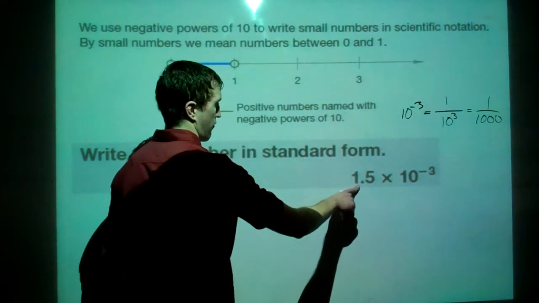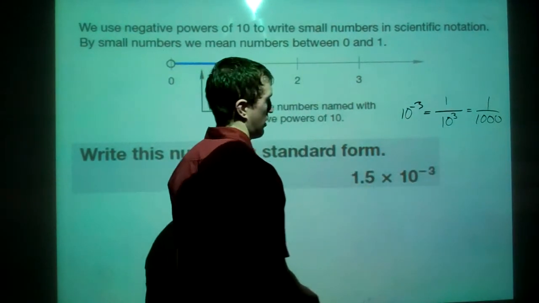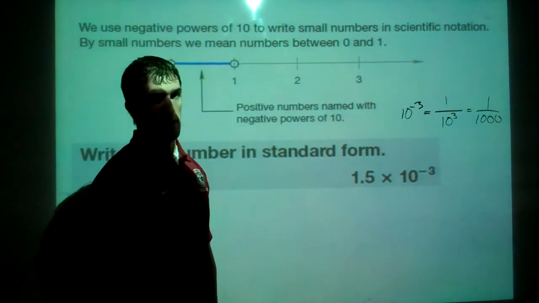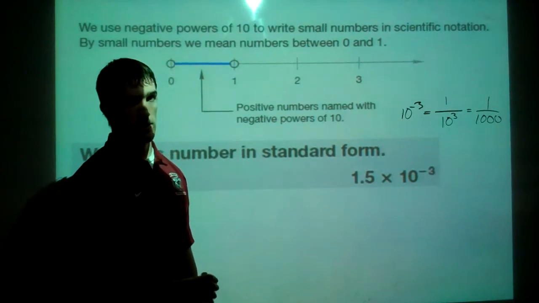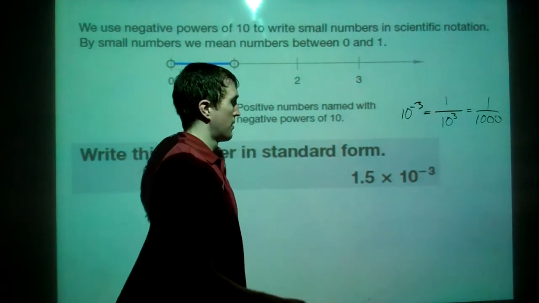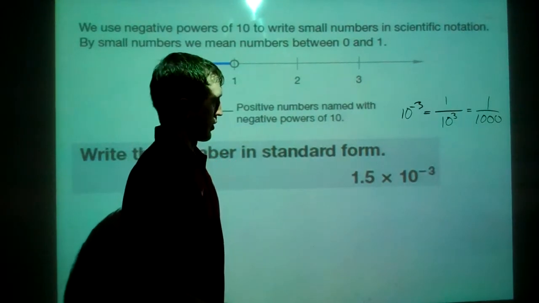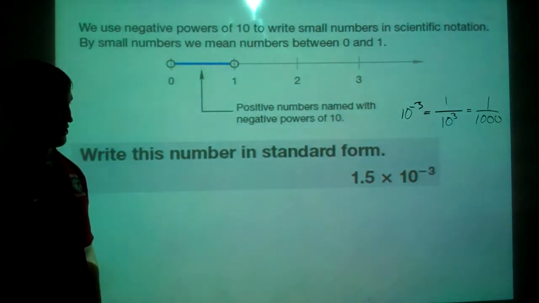So it's 1.5 times 1 over 1,000, or 1.5 divided by 1,000. And that tells me that when we divide by 1,000, we're going to move our decimal 3 spots to the left.